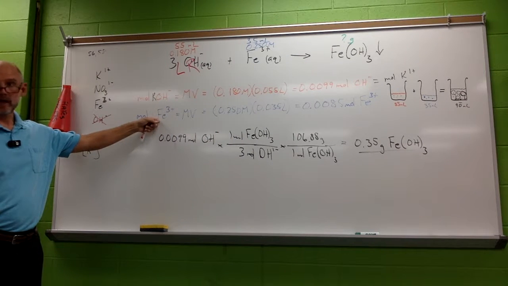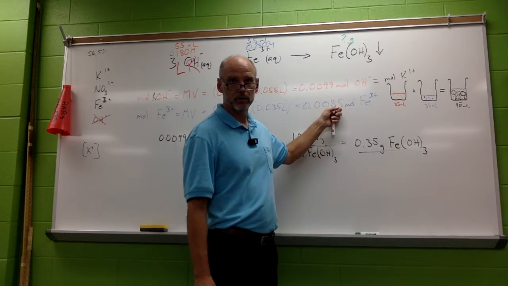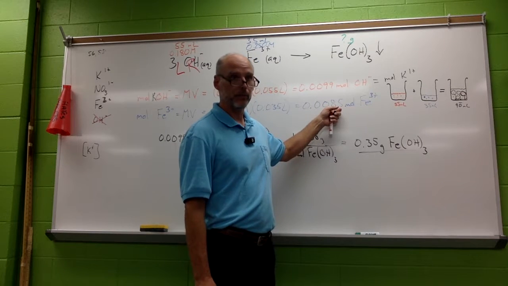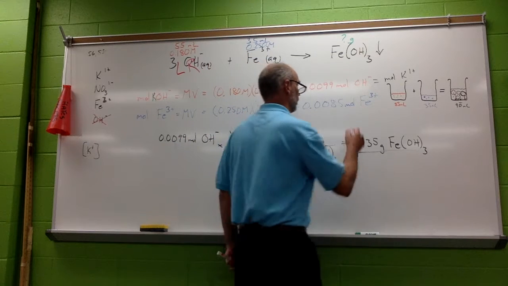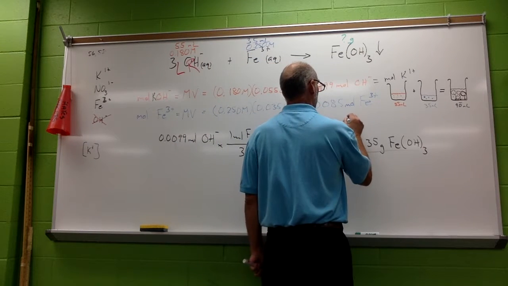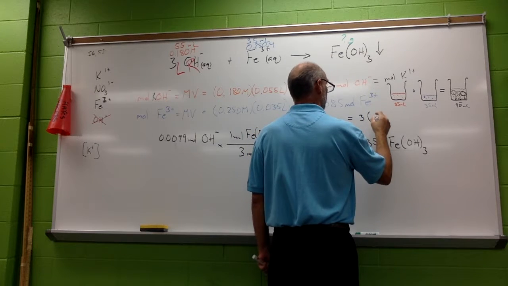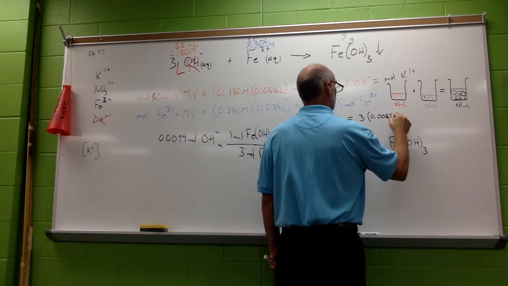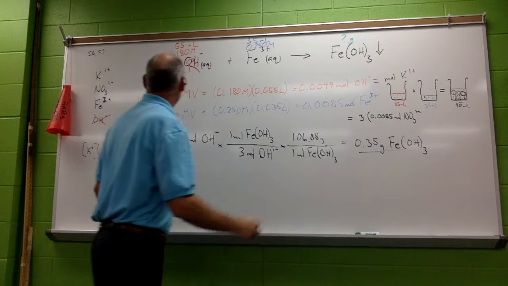The iron nitrate. Here's the moles of the iron nitrate. The nitrate, however, is going to be 3 times that amount. Would you agree? Why is it 3 times the amount?